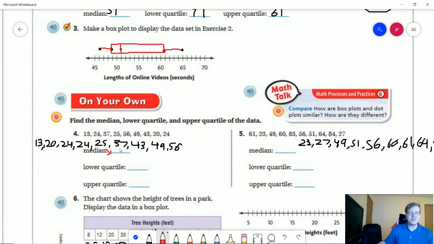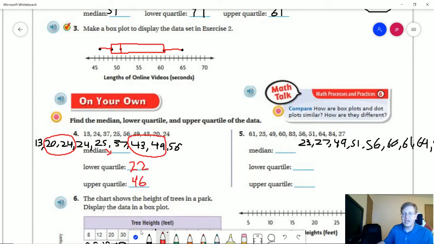So 25 is going to be the median. And we are looking at these two numbers, and the center of that would be 22 for our lower quartile. And for this pair of numbers, our median for that would be 46. And so that would give us our upper quartile.